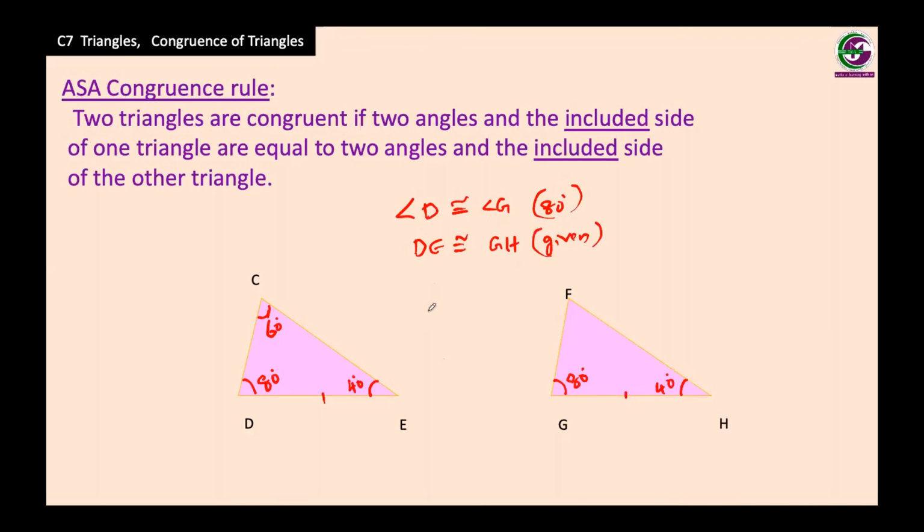Again, we have angle E is congruent to angle H. It is also given, which is 40 degrees. So we have angle, side, angle. So by ASA, these two triangles are congruent. Triangle CDE is congruent to triangle FGH.